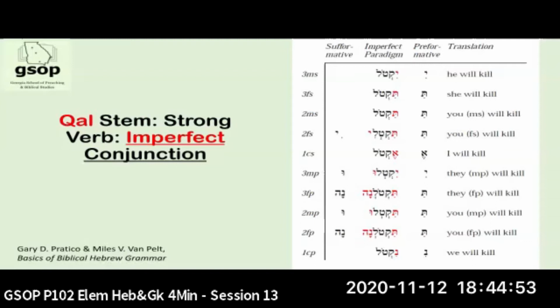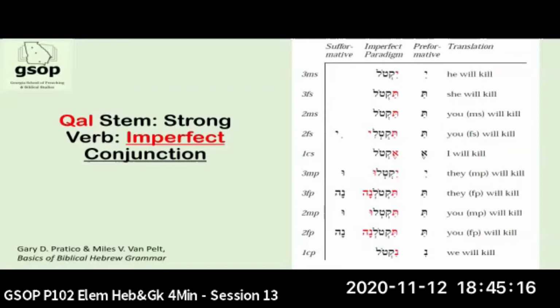Those are different. Notice the first common singular is going to be the aleph with the segol, and the first common plural will be the nun with the hirik. But the rest are going to be with the tav with the hirik, except for the third masculine plural and the third masculine singular. Those are the yod with the hirik.